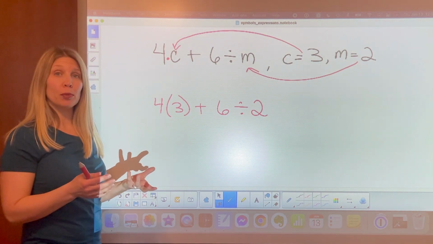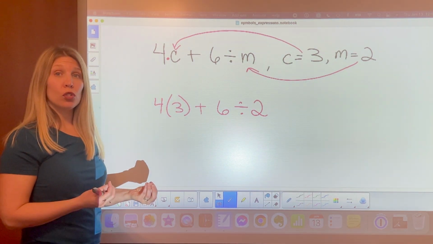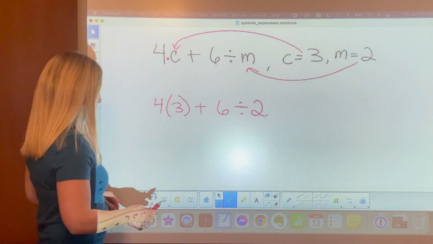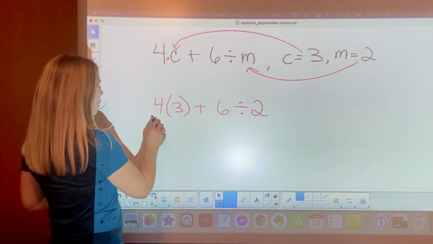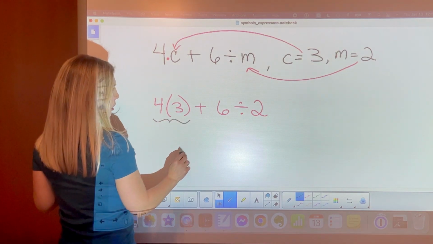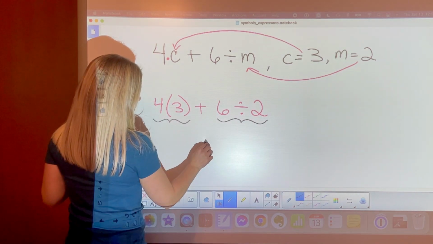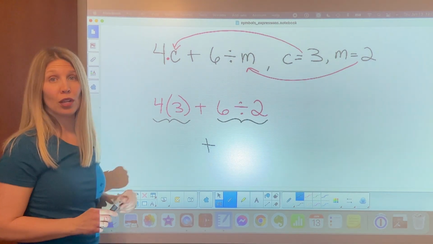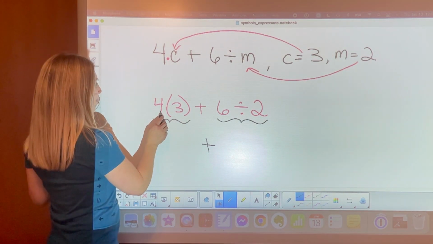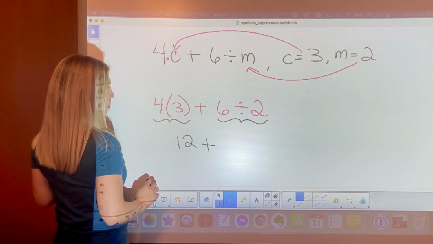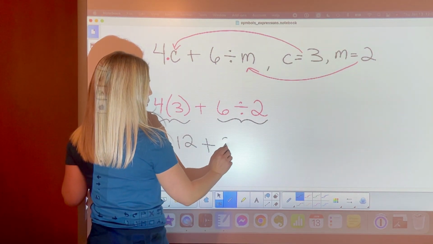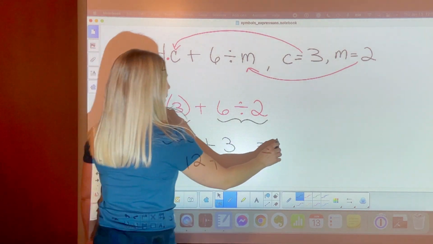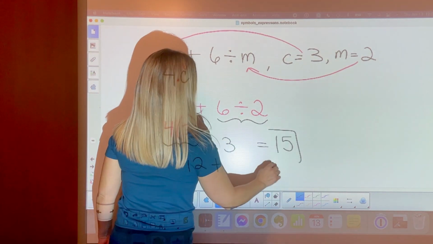Anytime you're dealing with multiplication and division, you can do those two together in the same row. But we also have an addition sign here. So what we need to do first is this piece and this piece, and our plus sign is going to stay in the center because we need to simplify our multiplication and our division first. So 4 times 3 is 12, and 6 divided by 2 is 3. So 12 plus 3 equals 15.